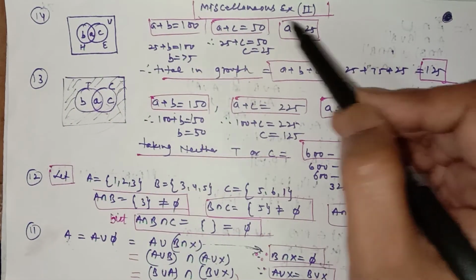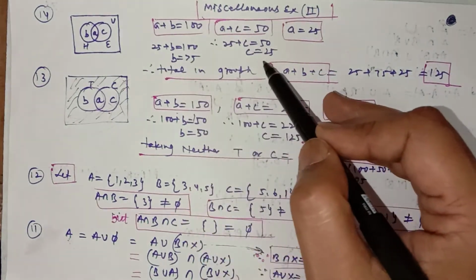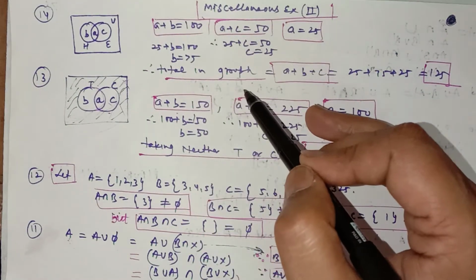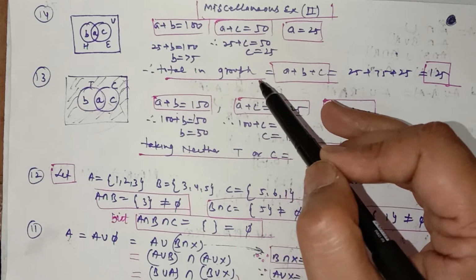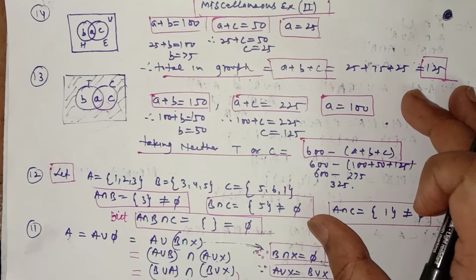So you replace the value of A here, you will get B. Replace the value of A here, you will get C. So B you know, C you know, and A you know. It is asked how many students are there in the group in total, which means you have to find A plus B plus C.